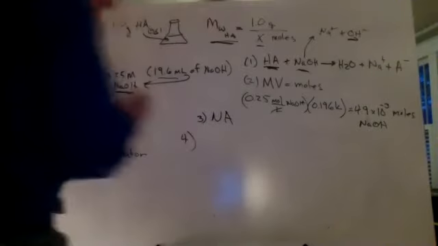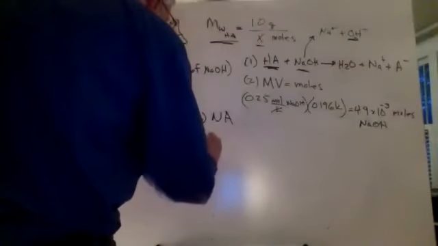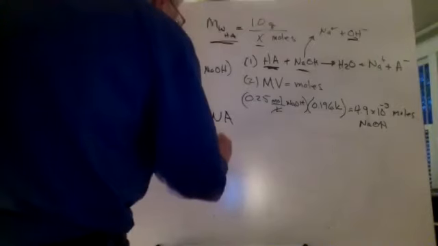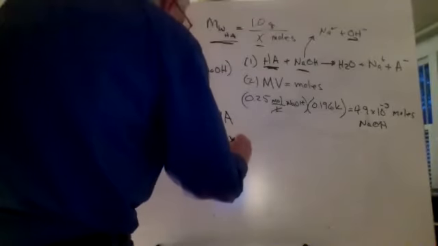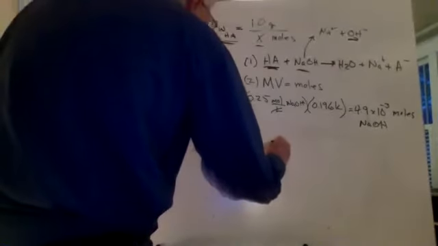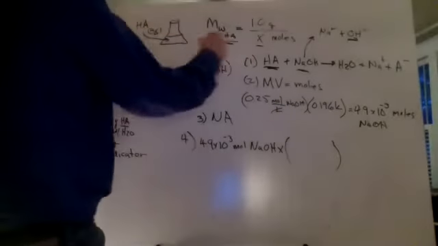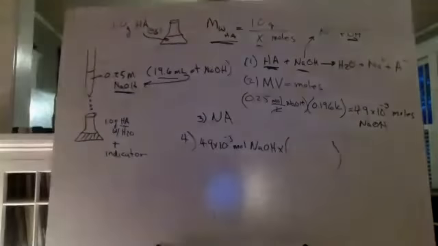So now we're to step 4. In step 4, we're going to take our 4.9 times 10 to the negative 3 moles of NaOH. That's what we found in step 2. And now we use our balanced equation to convert that into the number of moles of the thing we're interested in. And what we're interested in is the number of moles of acid.